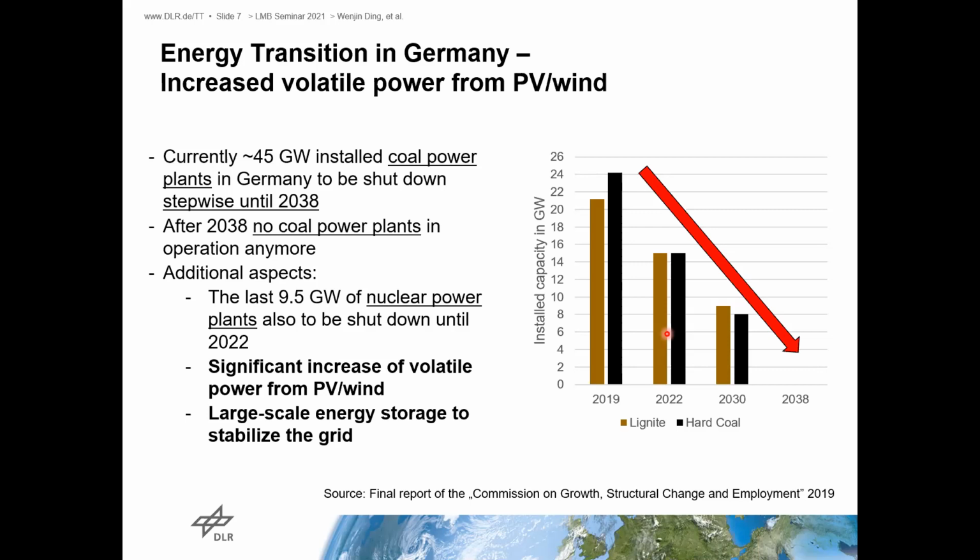That means after that, no coal power plants will be used. Also next year, the last nuclear power plants in Germany will be shut down. So in the future, there will be a significant increase of unstable power from renewable energies, and that's why we want to develop large scale energy storage to stabilize the grid.